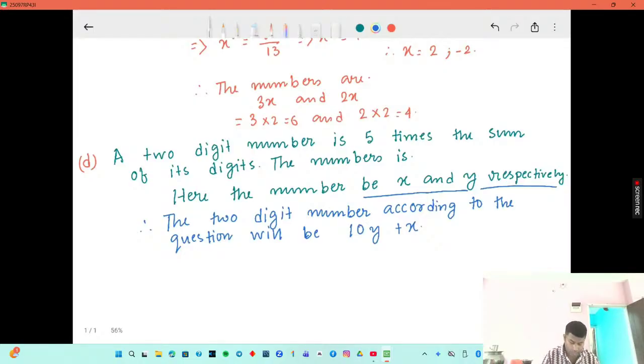Here the condition of this equation is given as a two digit number, means the two digit number is 5 times the sum of its digits.